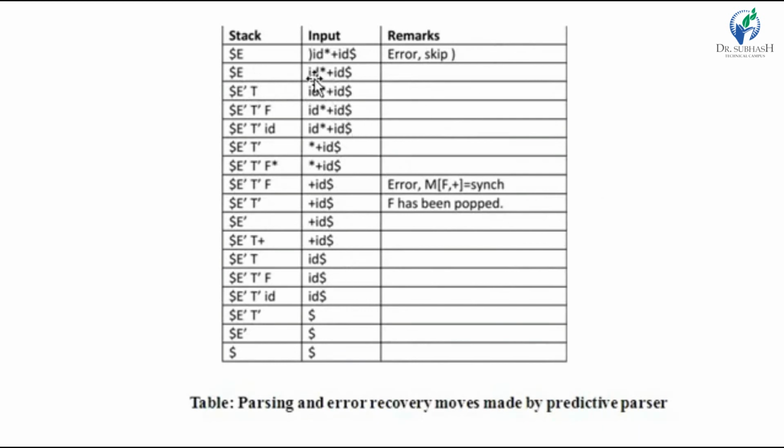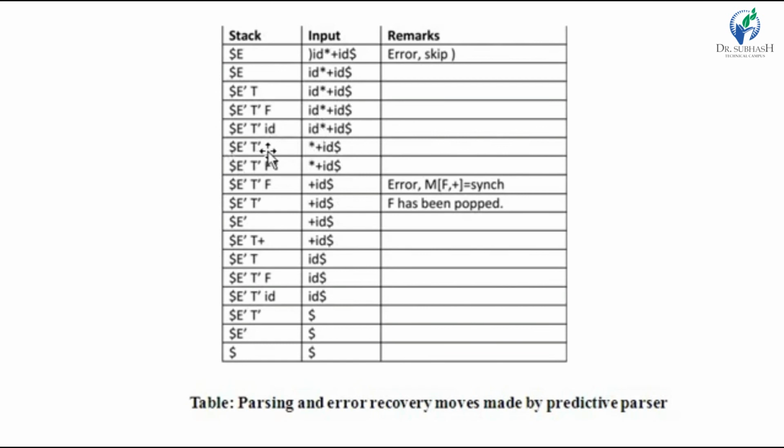Now for E with ID, there is no direct production, but you can reach it from E to T E dash, then T to F T dash, and F to ID. Here ID matches.